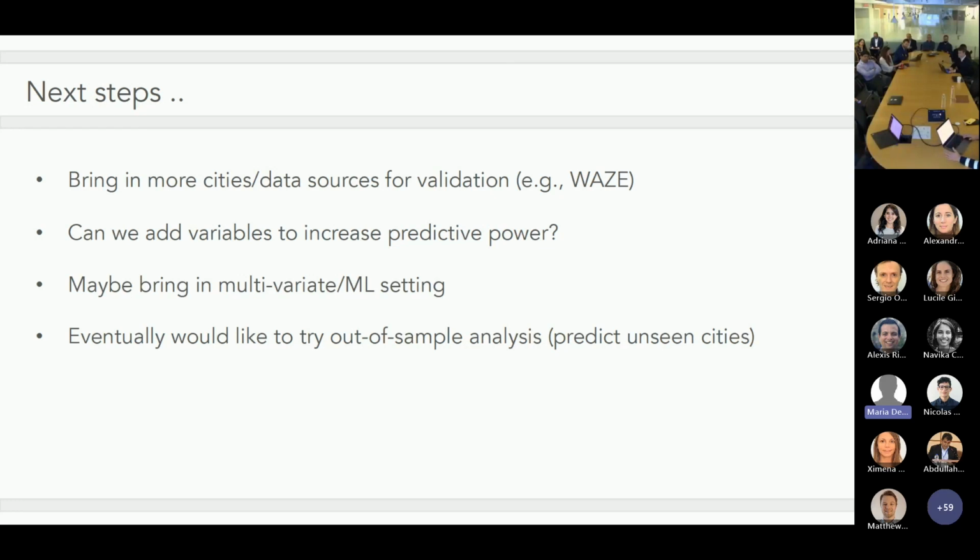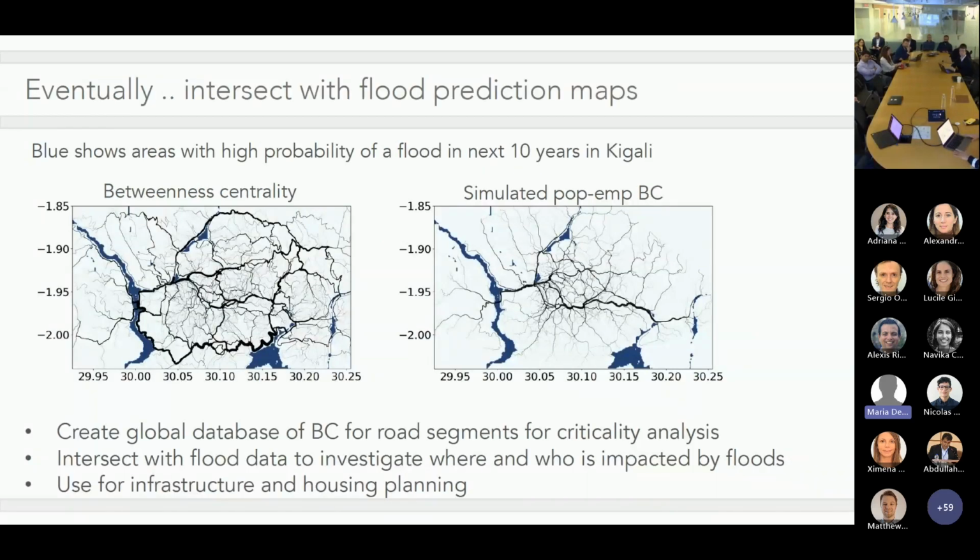And finally, we would like to see how we predict for unseen cities. This is something that has not been done in the literature, where people focus on one city at a time. We would like to be able to do this at a global level, which I think would probably be interesting for the World Bank as well.